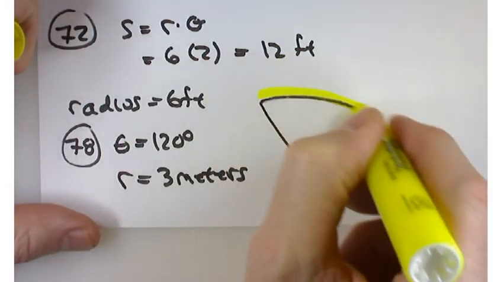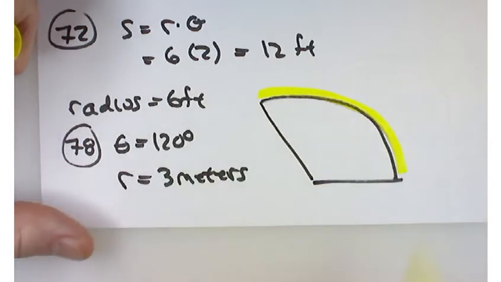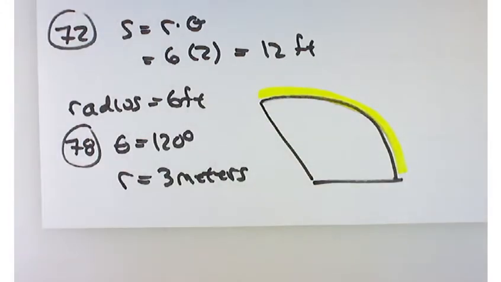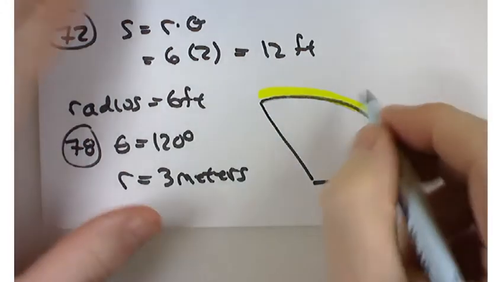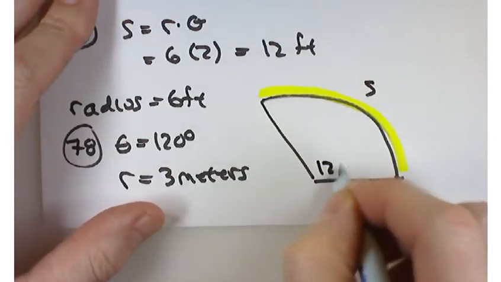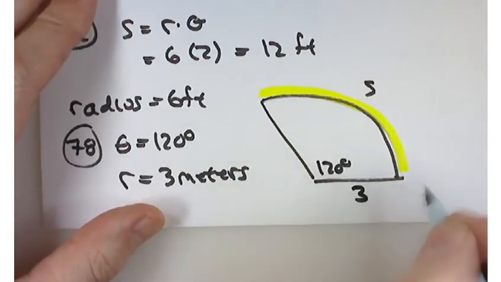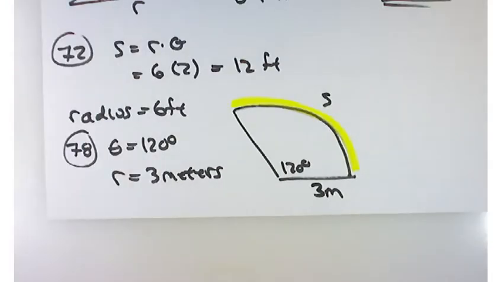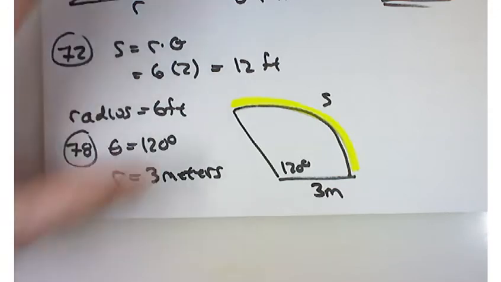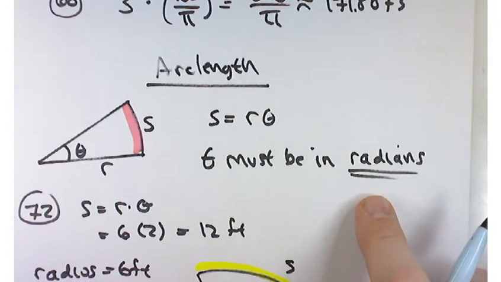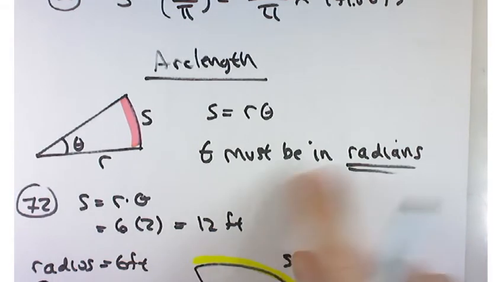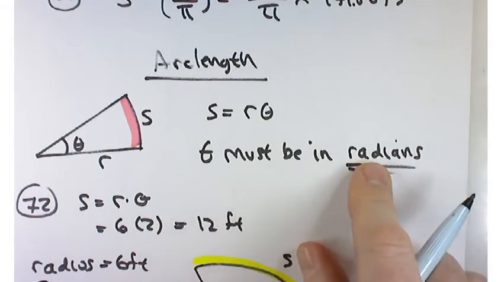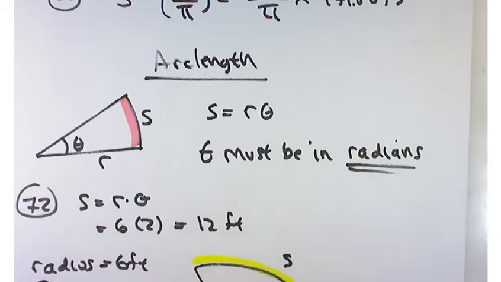Where do I start? We're trying to find S. So 120 degrees, 3 meters. Well, the big thing that you have to do is convert theta from degrees to radians, because if you don't, it's going to be way wrong.